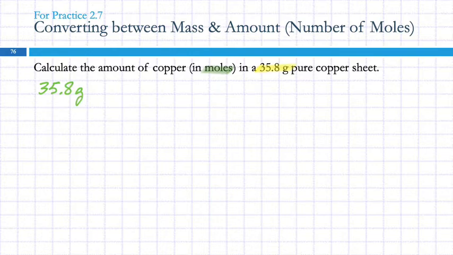And over on the right, we're going to write what we want to try to find. Well, we need a relationship between grams and moles, and that's known as the molar mass. And for elements, it's on the periodic table.